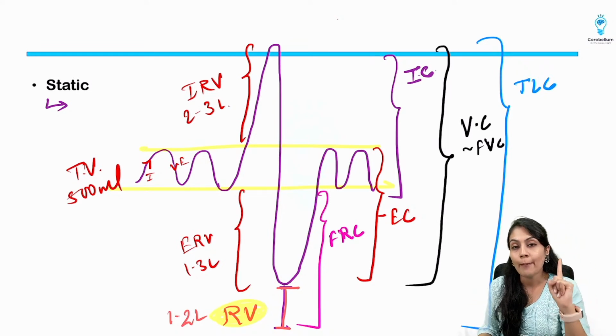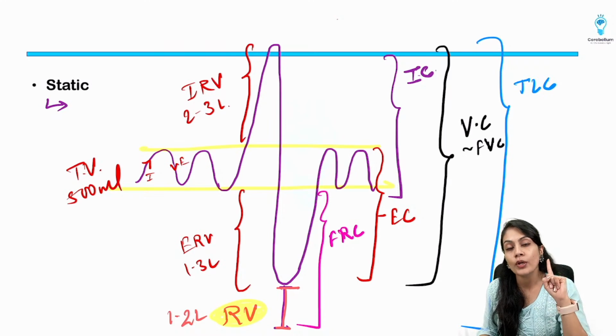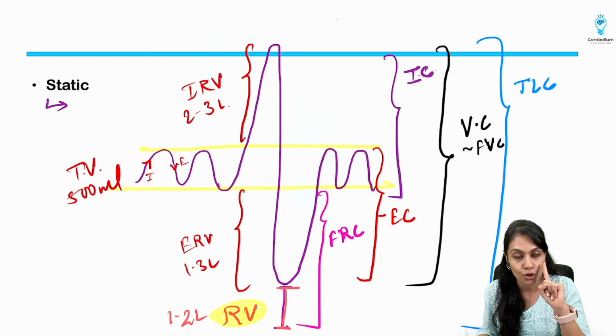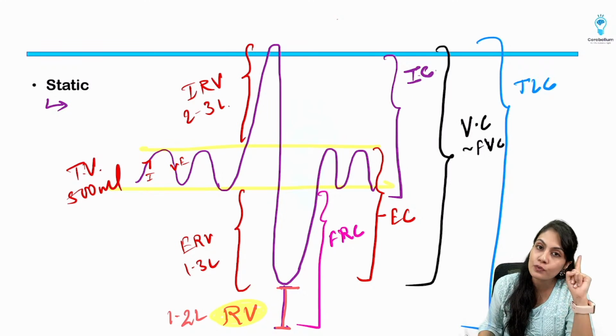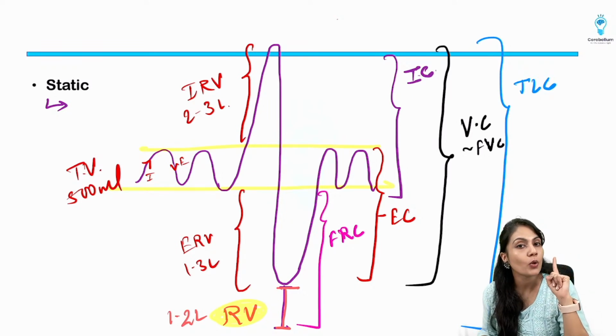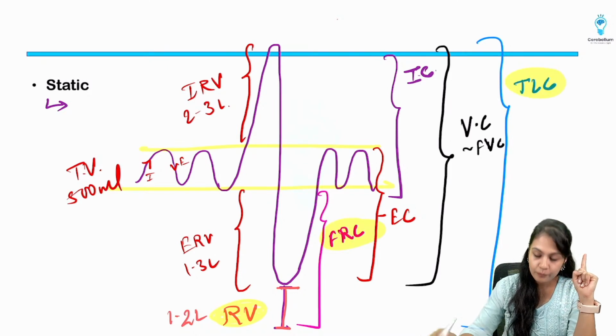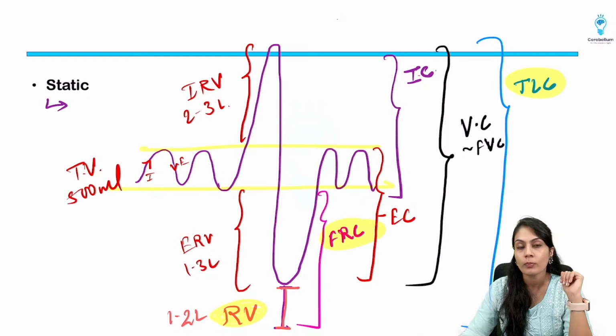This is the amount of air which is going to reside in the lung after the forceful expiration, right? No matter how forcefully you expire, the residual volume is not going to come out. So whatever capacities contain this RV, we are not able to measure with the help of the spirometer.